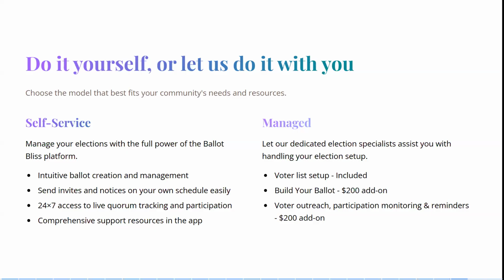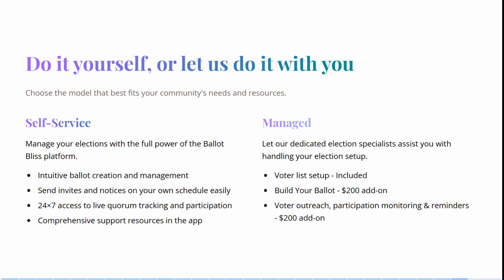You manage the process on your own timeline, and it's designed to be intuitive enough that you do not need a technical background to use it effectively. The platform also includes plenty of resources to help you along the way. We have had several clients create their own ballots, such as elections and surveys, without our help at all. And that just shows you how easy it is to use our platform.